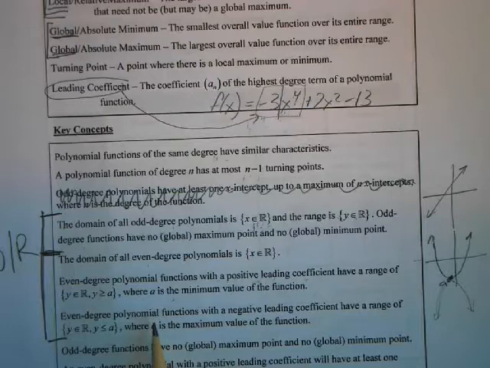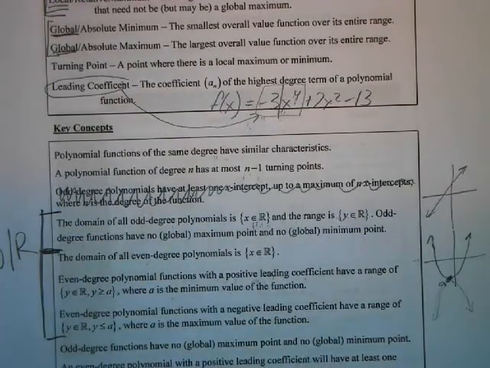If it's negative, it'll be a global maximum value. If its leading coefficient is positive, it'll be a global minimum value. So that talks about domain and range.